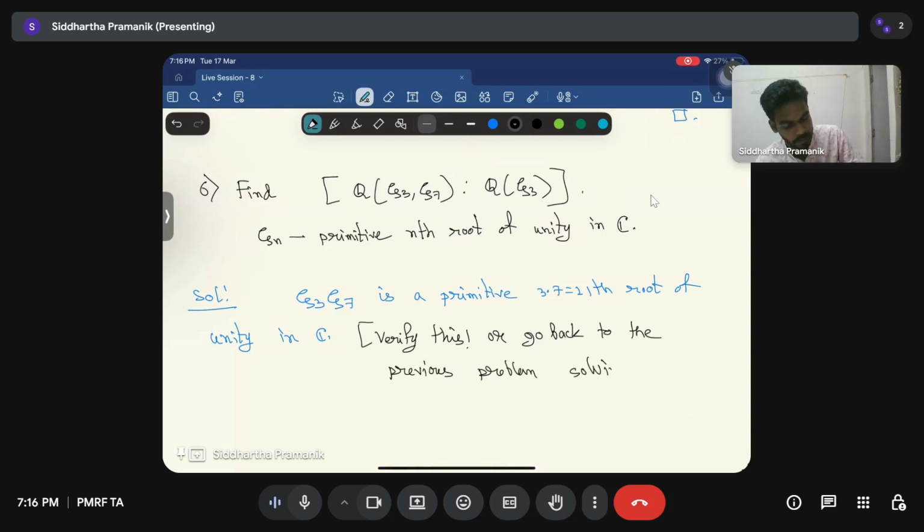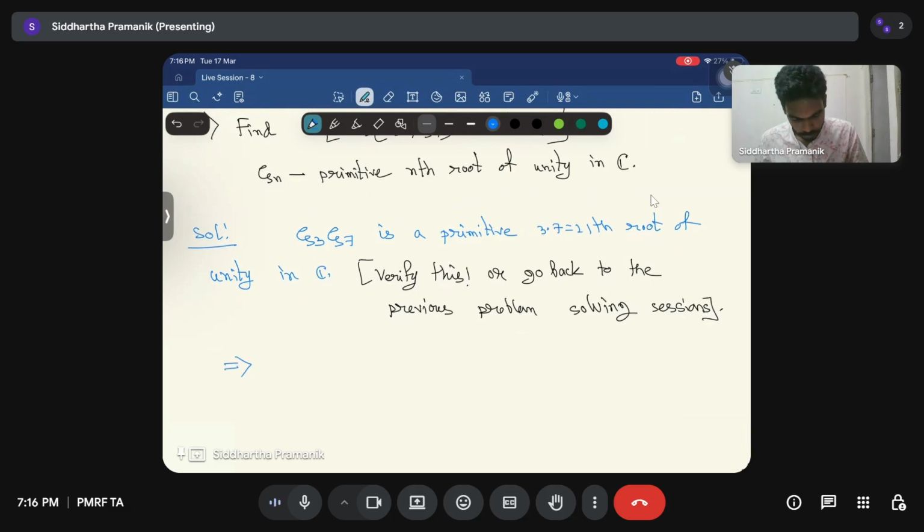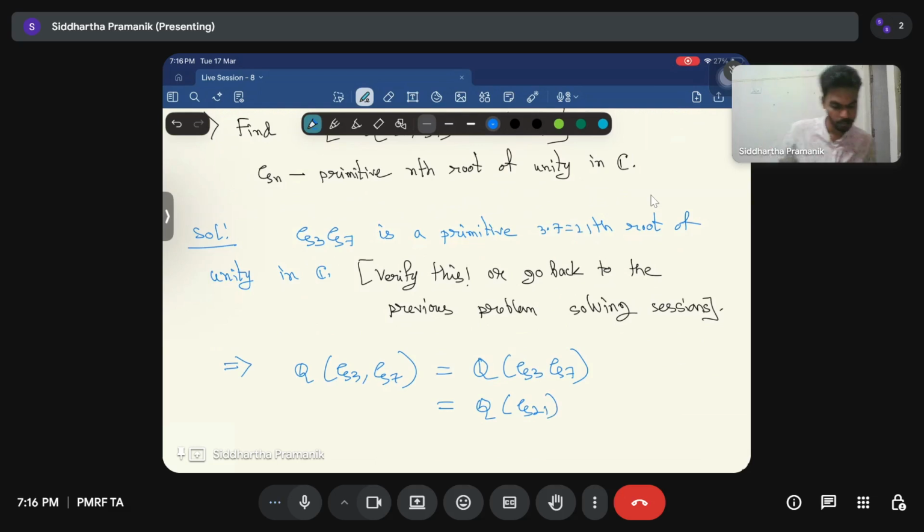I have done this thing in the previous classes. So you can go back and take a look. So this will imply Q adjoin zeta 3, zeta 7 is the same as Q adjoin zeta 21.